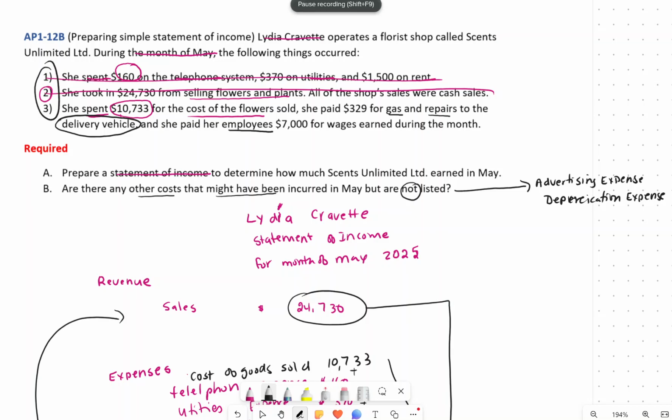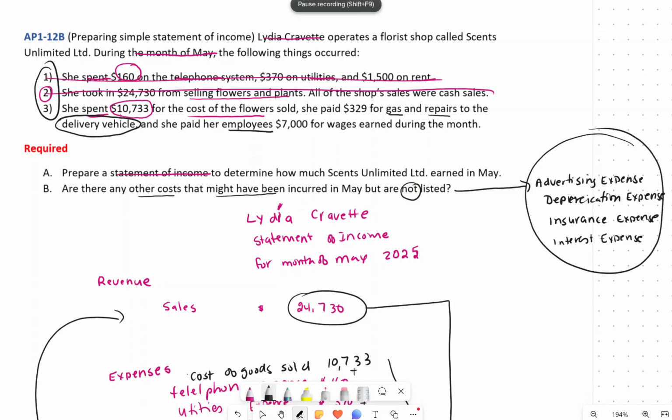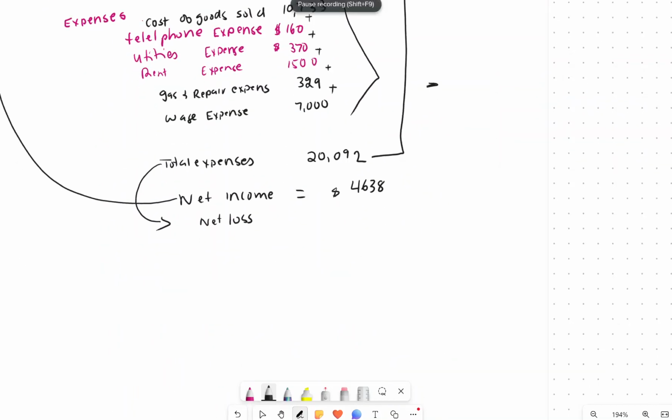If you have a car, you will also have an insurance expense on the car. We might also borrow money, so you could have an interest expense. These are some of the other expenses Lydia might have that she did not have for this month.